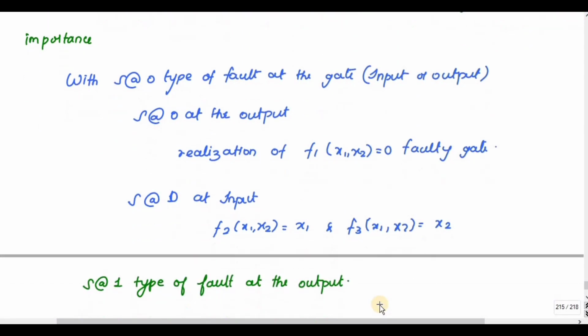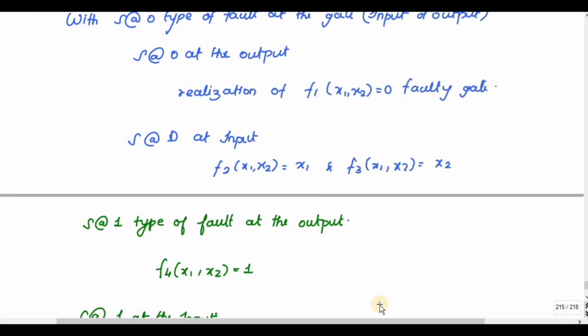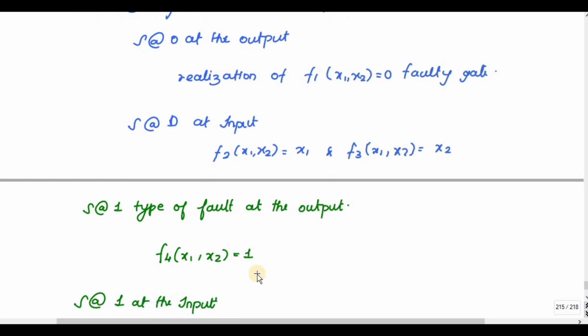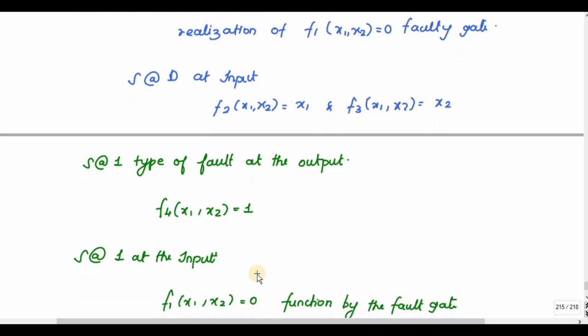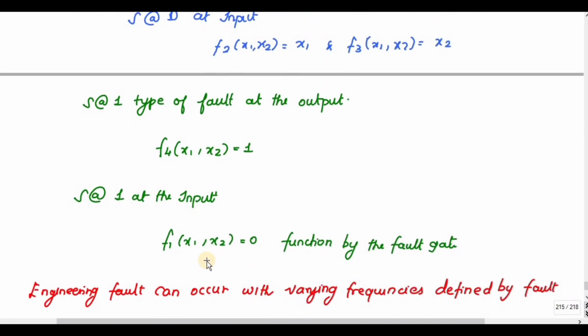Similarly, if there is a stuck-at 1 type of fault at the output, you will realize the faulty function f4(x1, x2) = 1, because if the output is stuck at 1, you get 1 at the output. Next, if there is a stuck-at 1 fault at the input, if x1 is stuck at 1, anything plus 1 is 1, and if you invert that, you get 0.